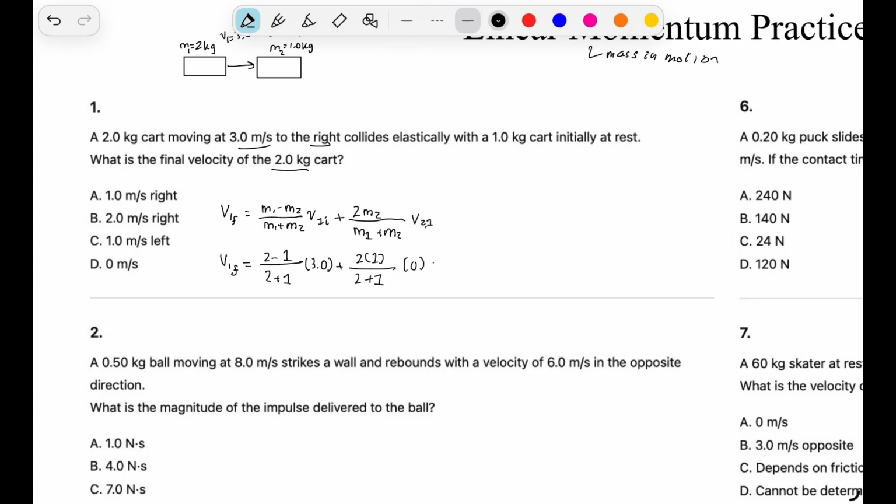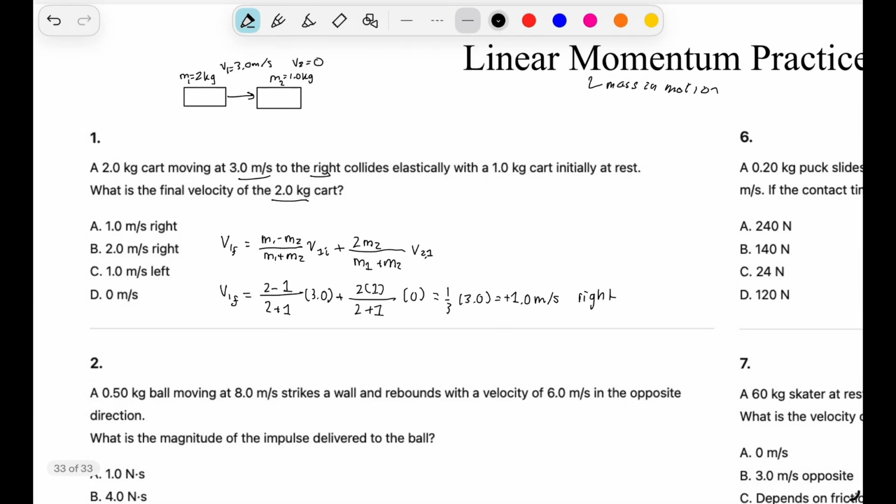And if you plug this in, you're going to get 1 over 3 times 3.0, which is 1.0 meters per second. And because we got a positive answer, this is going to be right based off the coordinate system we've been using in this question. So your answer is A.